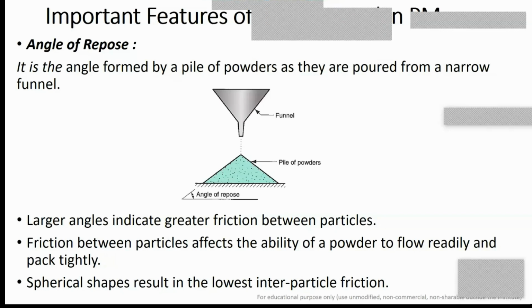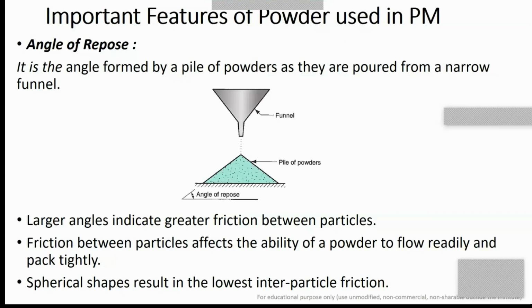Now what is the significance of interparticle friction? This friction between the particles affects the ability of the powder to flow readily and pack tightly. If the powder particles have larger friction between them, then they do not flow easily into the die cavity, and they will also pose a problem in the flow of powder into the powder feeder, and from the powder feeder to the die cavity through the pipes and hoses.